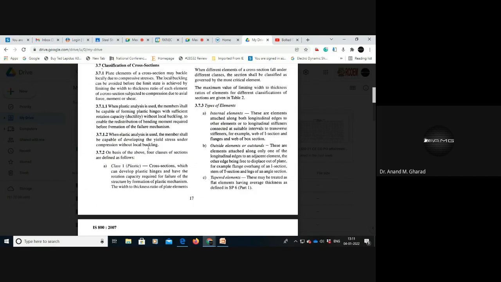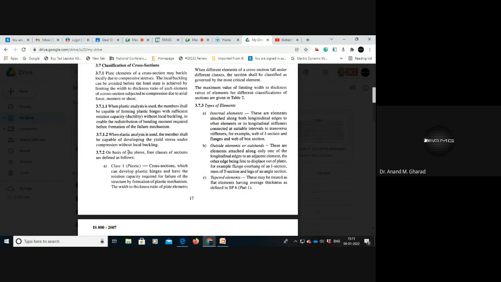That is, it cannot enter into the plastic zone. Why? Because some of its elements or components of the cross section fail because of local buckling phenomena, right? So that stage is your semi-compact stage.